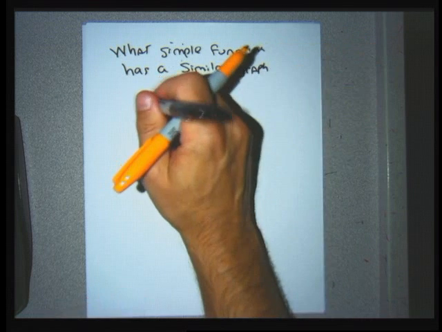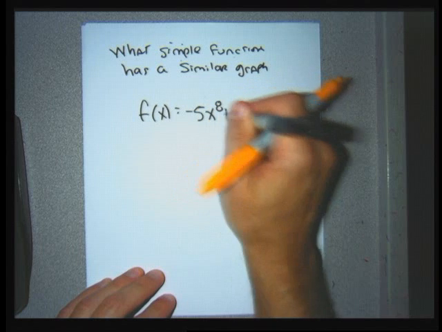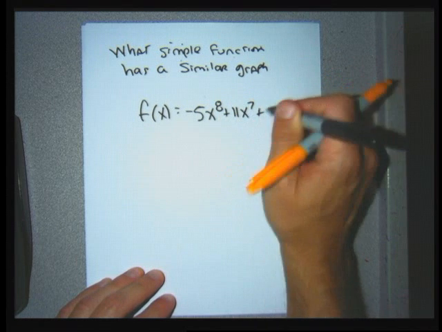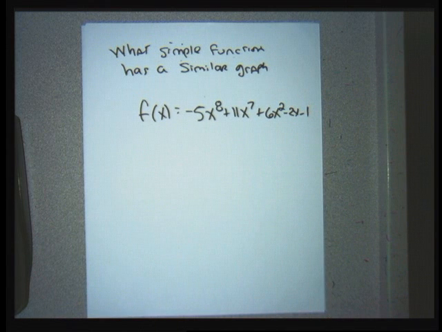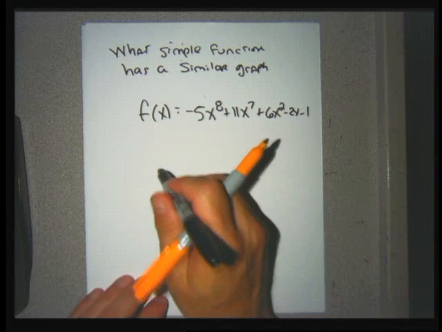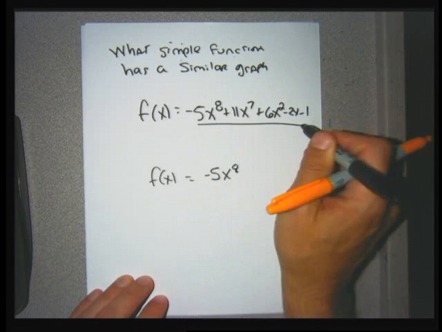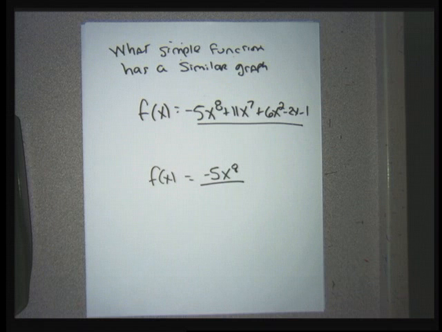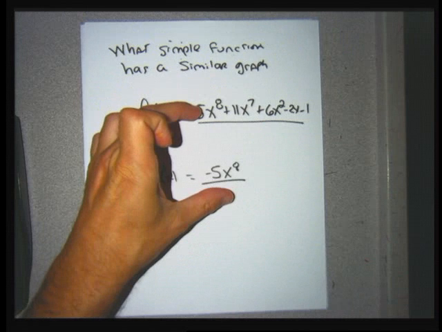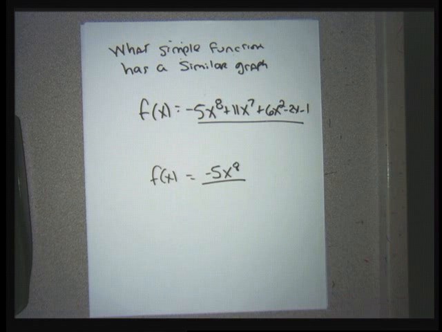If I gave you a super complicated function, f of x equals negative 5x to the 8th plus 11x to the 7th plus 6x squared minus 2x minus 1, the graph that will have a similar shape is the graph of just the leading term. So if I graph this function and I graph this function, if I made the window big enough, the graphs would look similar. If I focus in on the origin, I'm going to see a lot of variation between these graphs. But the farther I go out, the more the graphs look alike.